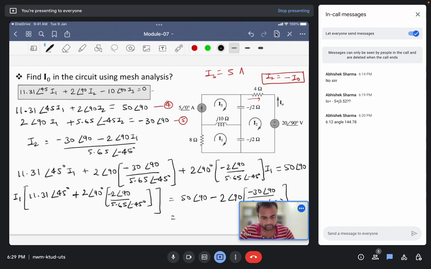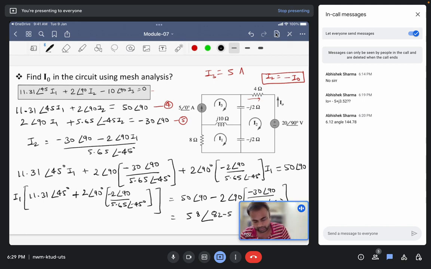So 50 angle 90 minus answer, so this is 58 and angle I am getting is 82.5.